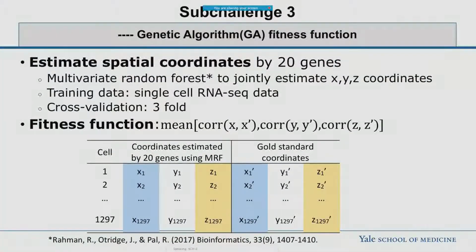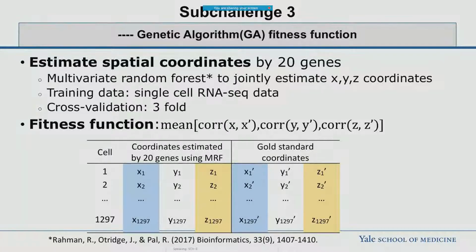What is different from the conventional random forest is that it specializes in jointly estimating multiple outcomes and takes into account the correlation between XYZ coordinates when predicting. Its performance is better than independently predicting XYZ coordinates.